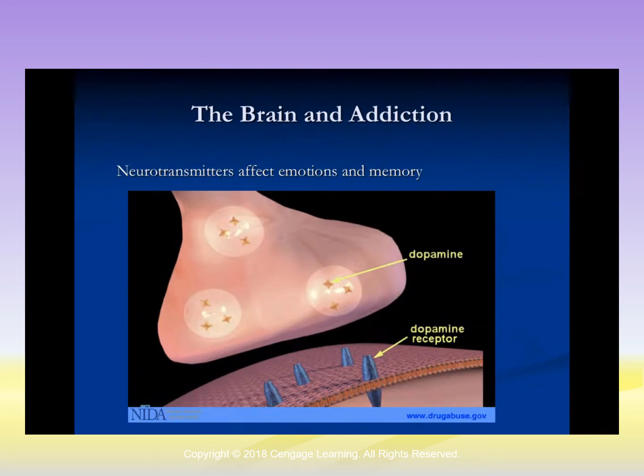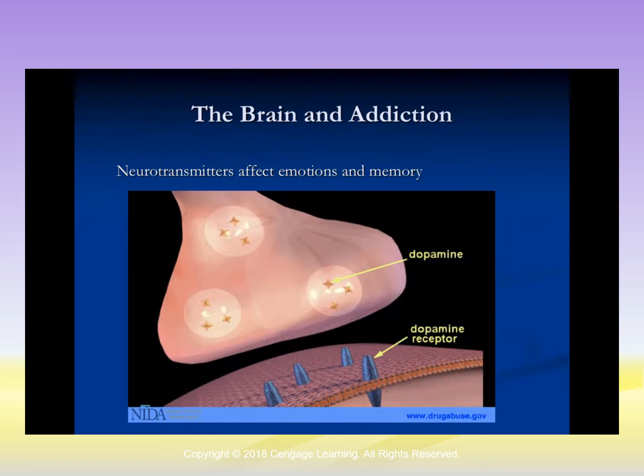Okay. So this is a cellular depiction, neurotransmitters affecting emotion and memory. So we have dopamine and the dopamine receptor, and here is where that transaction occurs. You can see a clear image on page 130 in your book. In the normal communication process, dopamine is released by a neuron into the synapse, where it can bind with dopamine receptors on neighboring neurons.